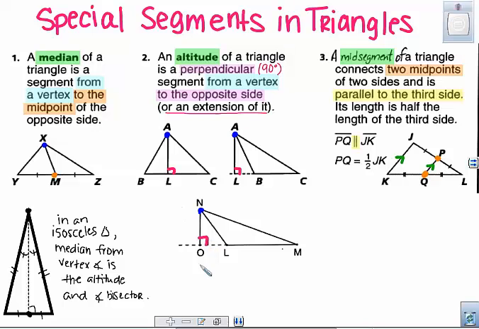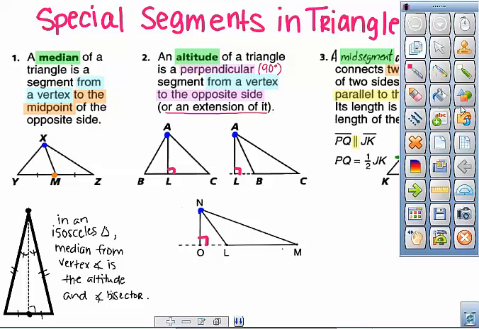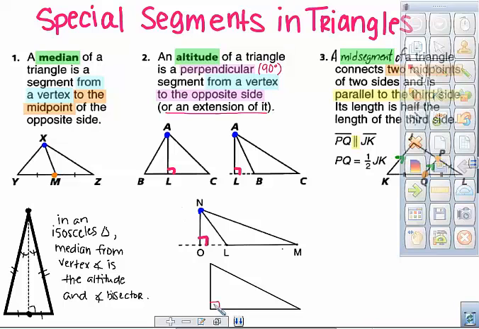If you actually have a right triangle already drawn, and I can draw one for you to see it in a right triangle, and you're asked for the altitude of the right triangle, well, this angle in the triangle is 90 degrees.